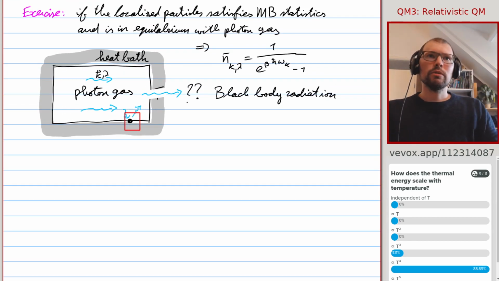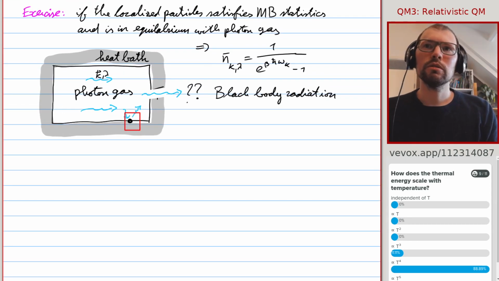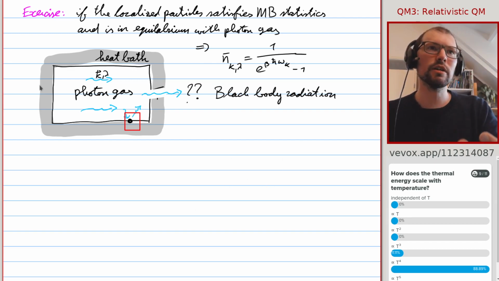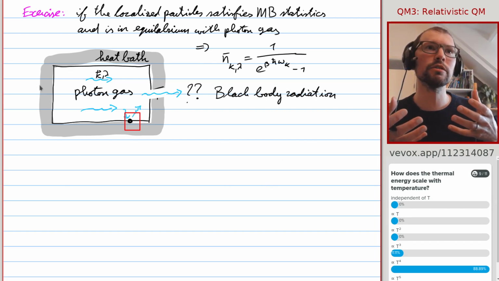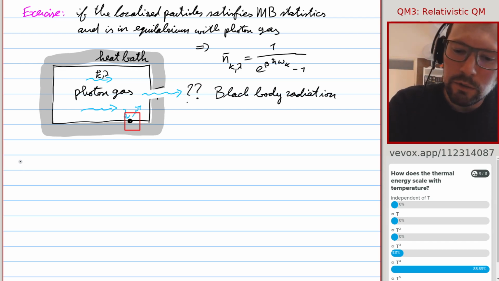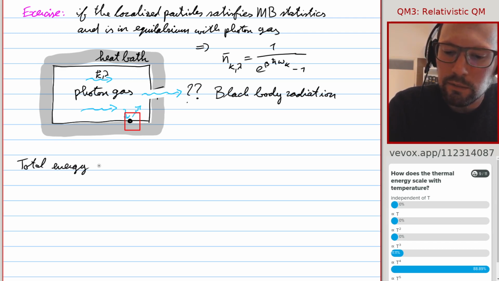Well, the only thing we have to do is to compute the total energy stored in this photon gas when it's in the equilibrium situation, because that will also tell us how much energy we see coming out when we open the enclosure. So what is the total energy density?